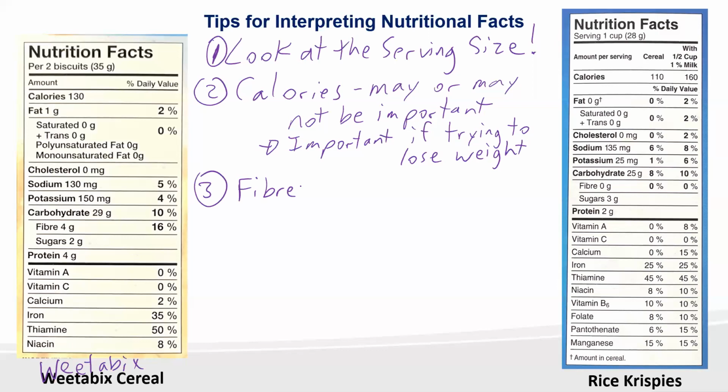And fibers can also stabilize blood glucose levels and they can delay hunger and things like that. So this is one of the reasons why I compared Weetabix with Rice Krispies. You can notice Weetabix has 4 grams of fiber per serving and the Rice Krispies has 0 grams. So if I'm somebody who is looking for fiber, then maybe this would change my selection in cereals a little bit, right?